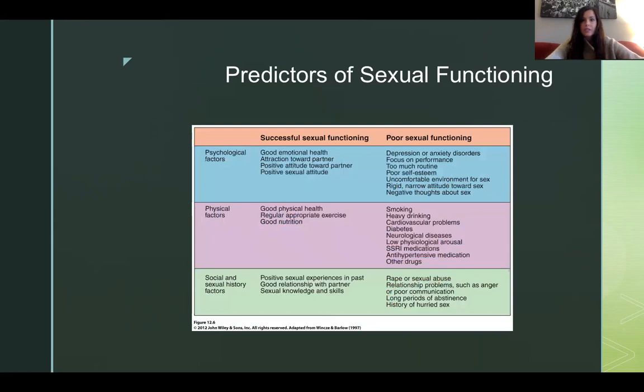And predictors of sexual functioning. So we talked a lot about psychological factors, physical factors, social and sexual history factors. So the things that can contribute to good sexual functioning are good emotional health, attraction toward partner, positive attitude toward partner. So those are the communication issues. Having a good relationship and a positive sexual attitude.